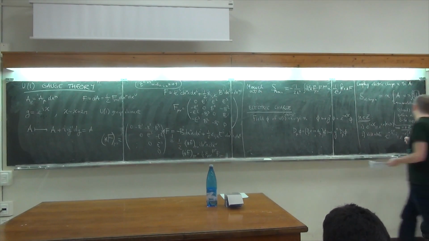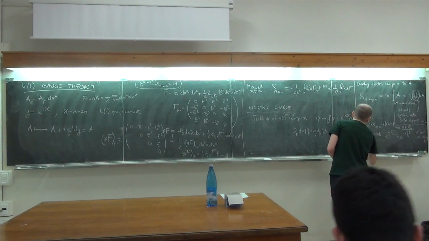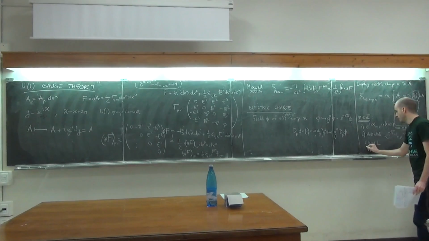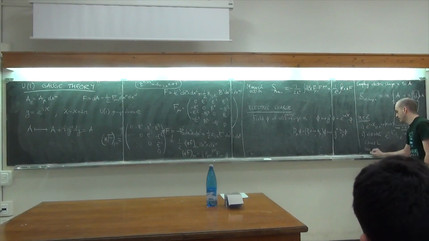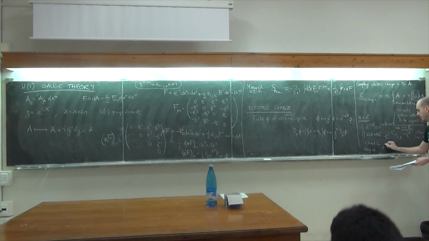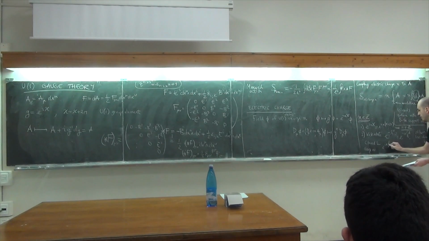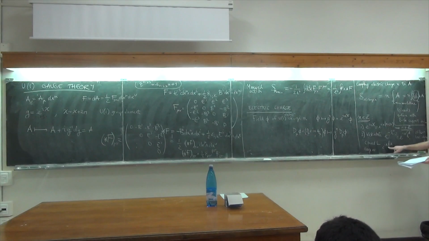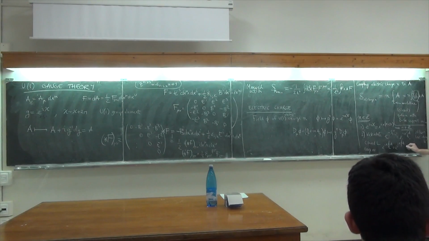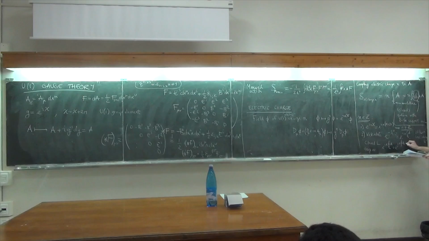And now if you consider closed L, closed loop, and impose gauge invariance, then you have the e to the i n integral of A over closed loop has to be equal to its gauge transform, which is e to the i n (A minus d chi).